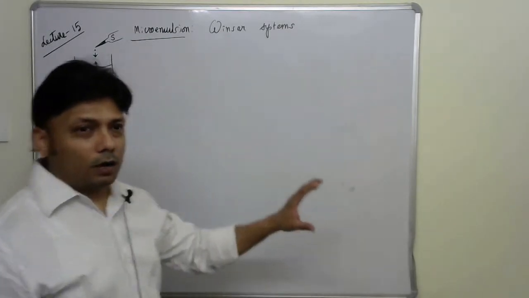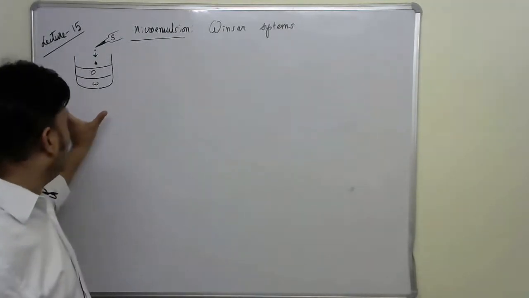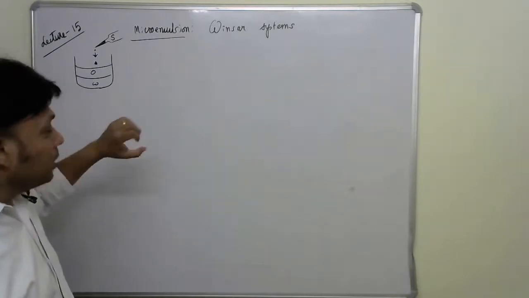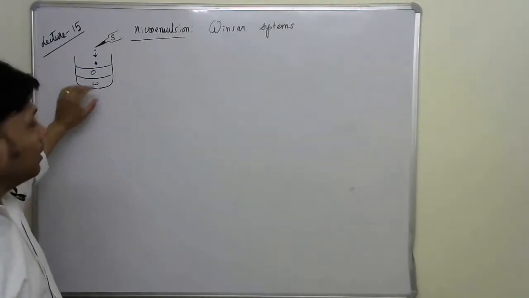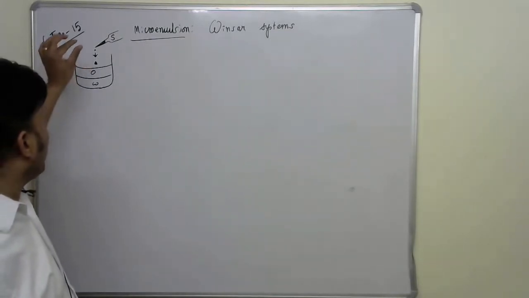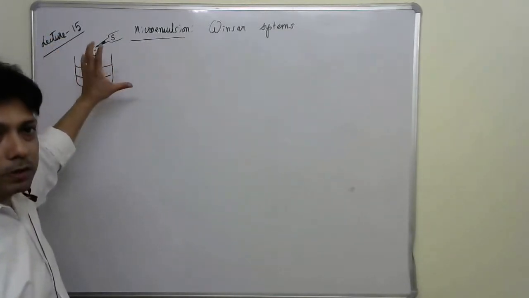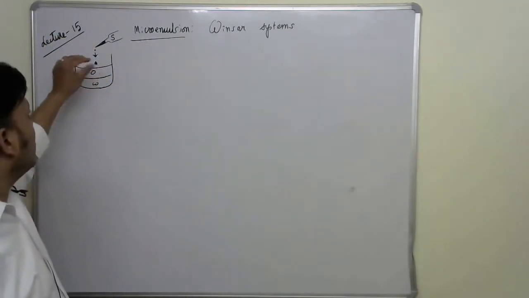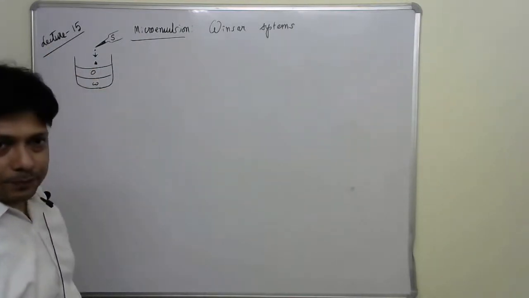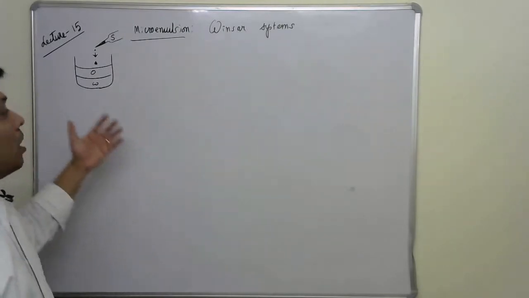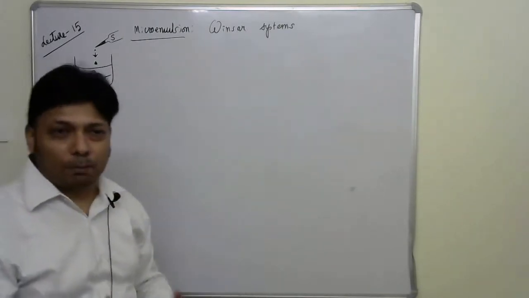So here we are. I'm back again with the same question. We have a phase separated oil and water system. Now suppose we are adding the surfactant, or the amphiphile, dropwise, and we keep on adding it. What do you expect to happen?